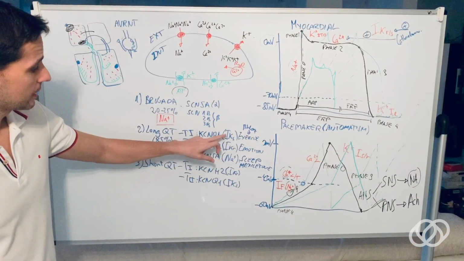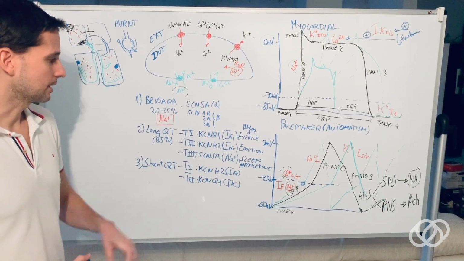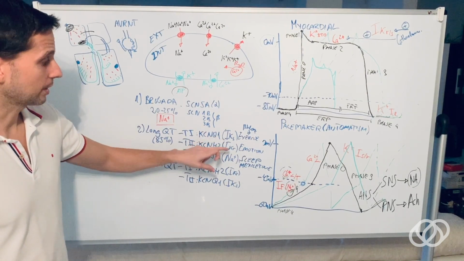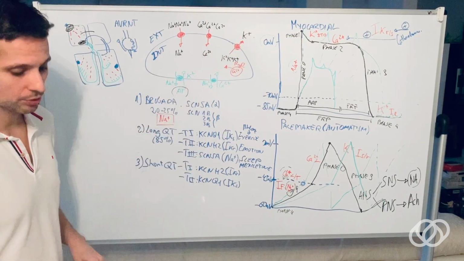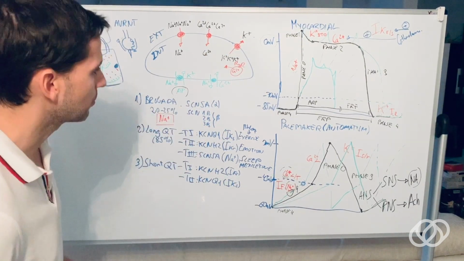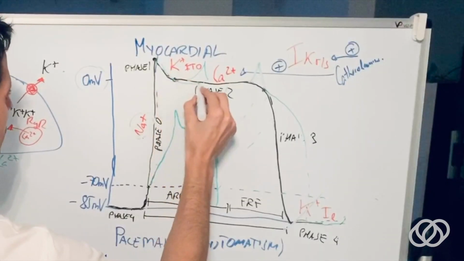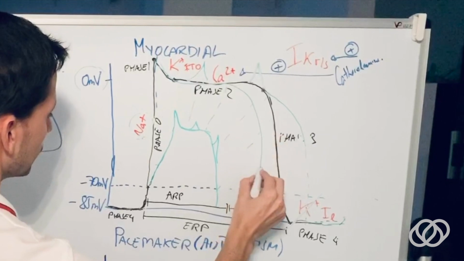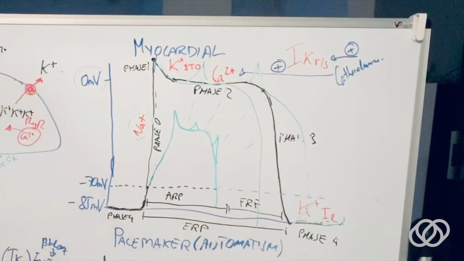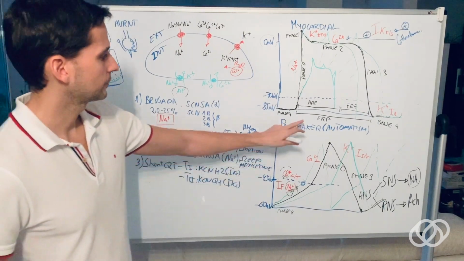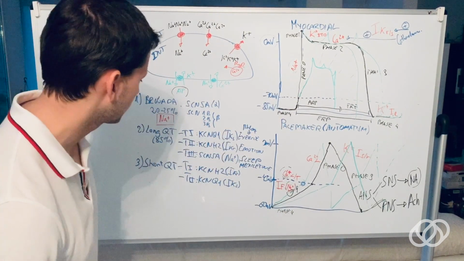In that case, usually what happens is that those channels are enhanced, so they release more potassium more rapidly, and what they do is that they shorten the repolarization. The problem here is that we have a shorter refractory period, and we can also have arrhythmias.